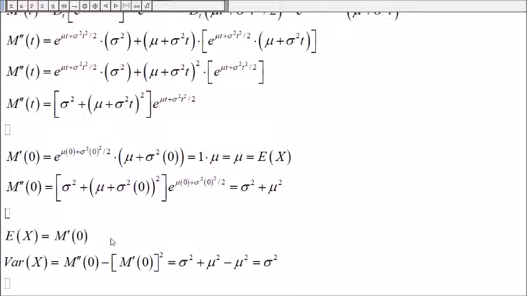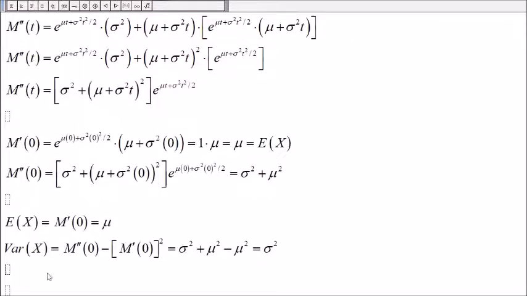And so the expected value of x will be the first derivative of the moment generating function evaluated at 0, which gives mu. And then the variance of x will be the second derivative at 0 minus the first derivative at 0 squared. This is sigma squared plus mu squared, and then minus mu squared is equal to sigma squared.